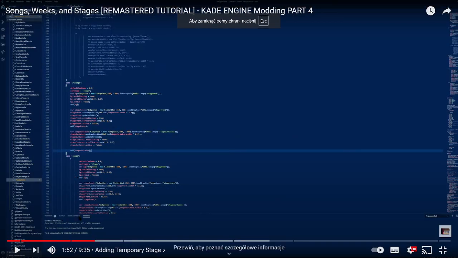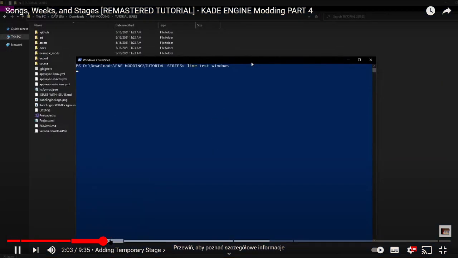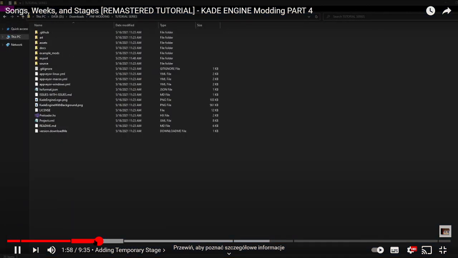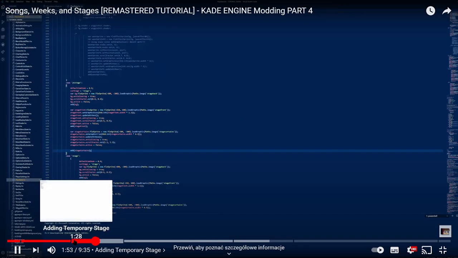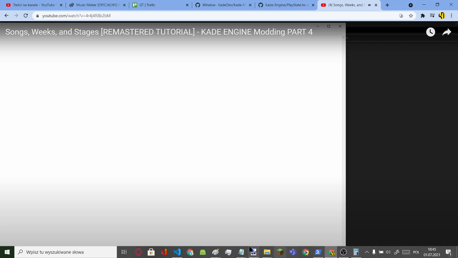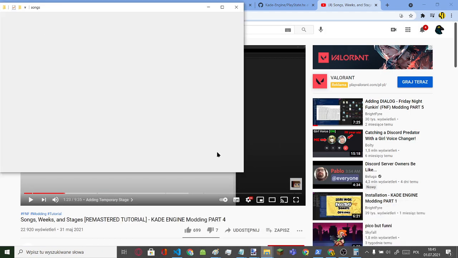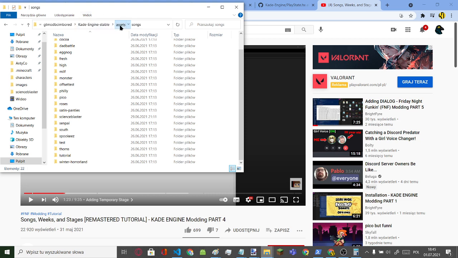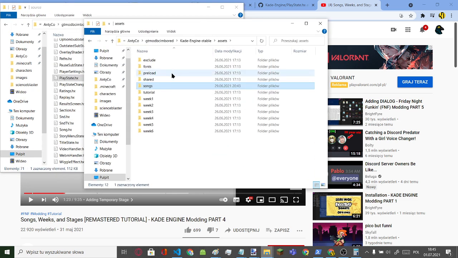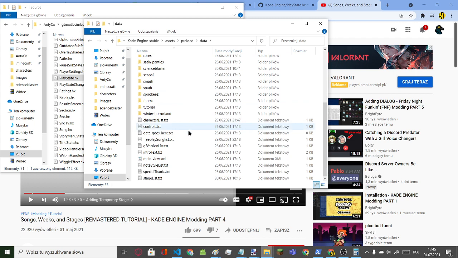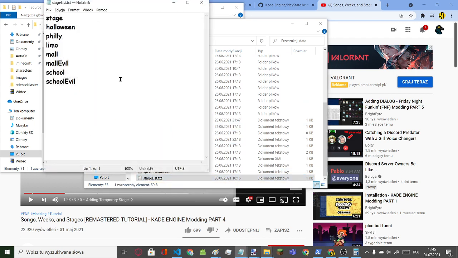Whoa, what is here? Again. Make heavy modifications. List. Okay, let's try continues. Again. Search no. Songs, assets, preload, data, stage list.